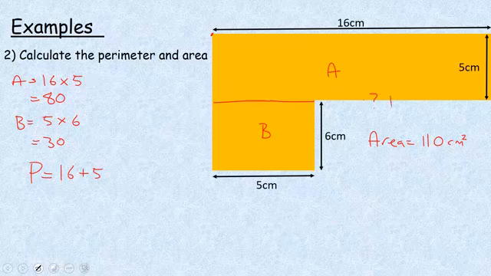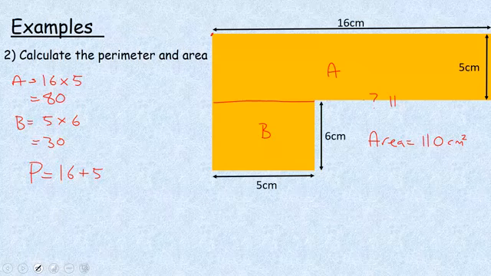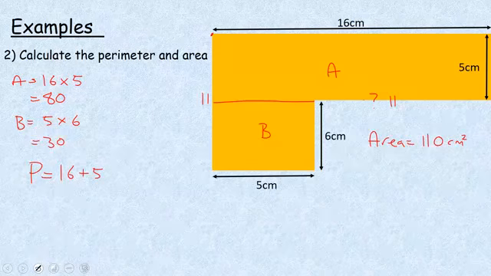So I must be left with 11 there. And then the total height of the shape, well, I can see the height of B and the height of A is 6 and 5. So we add them together, we get 11 for the height as well.